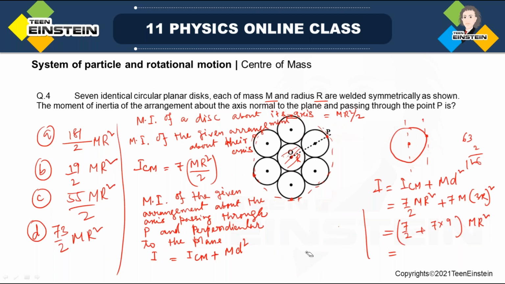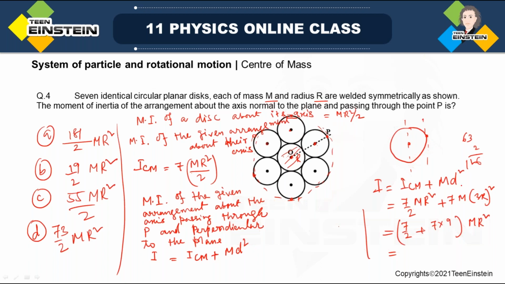We have actually calculated the moment of inertia about the center of mass of each disk. But what about the moment of inertia about this center, this center, this center? So this we have to find out.